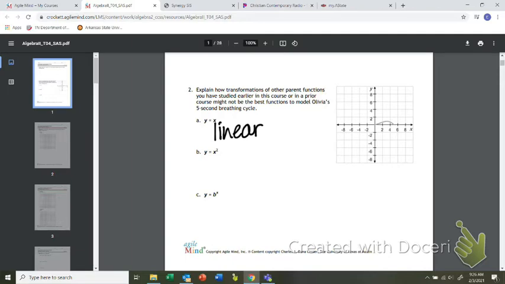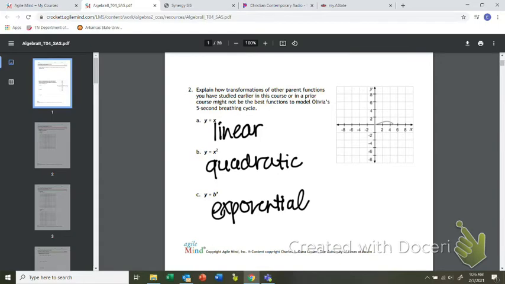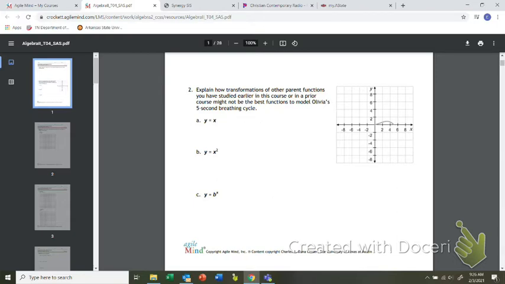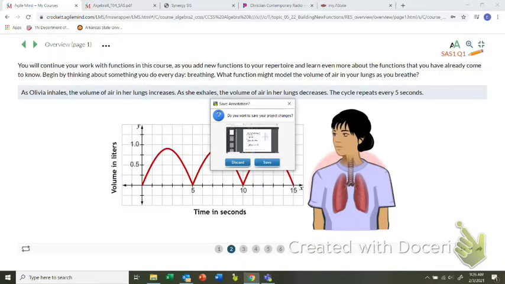Okay, we all know that y equals x squared is quadratic. And we all know that y equals b to the x is exponential. Okay, so think of the characteristics.